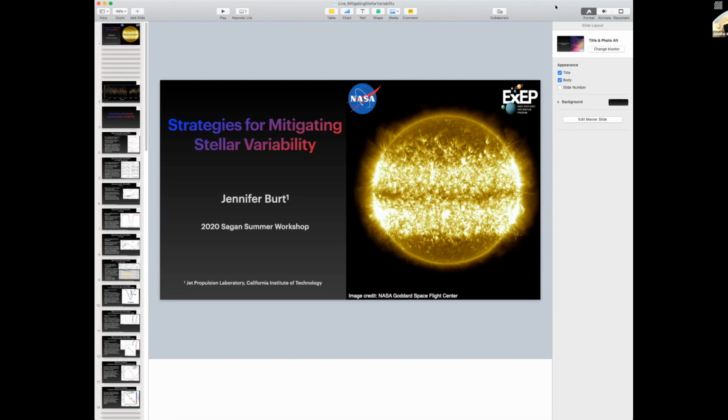And so I think there's effort starting now, and it has been going for a while, to try and bootstrap back to the S-index by either measuring the calcium infrared triplet or measuring H-alpha, and trying to do that for stars where you have a spectrograph that has a broad enough bandpass to get multiple activity indicators and see how they compare.